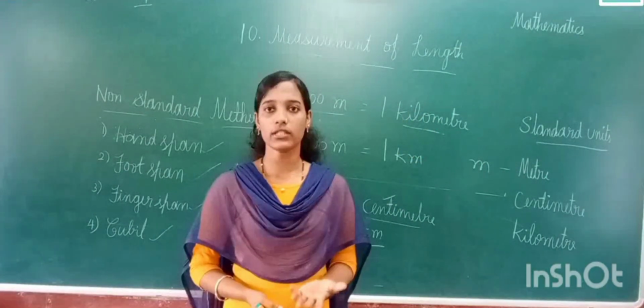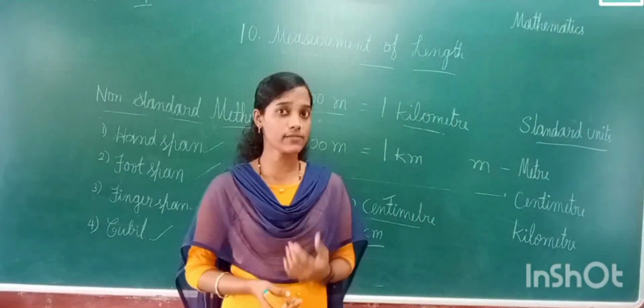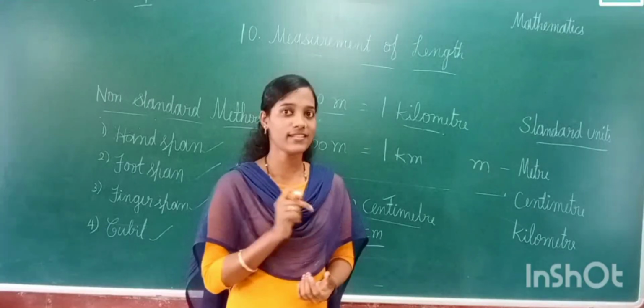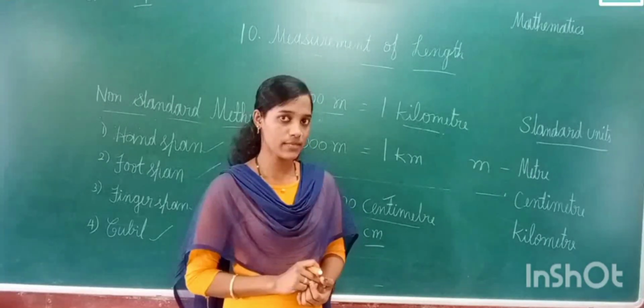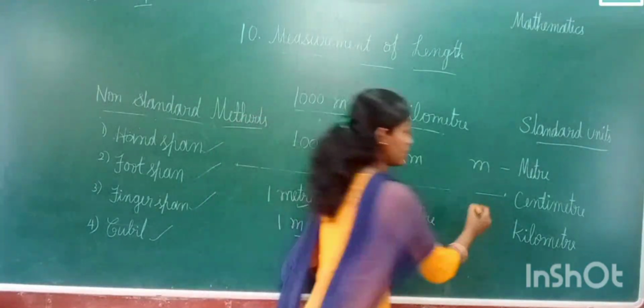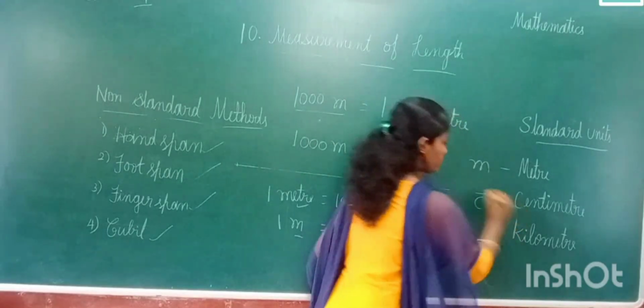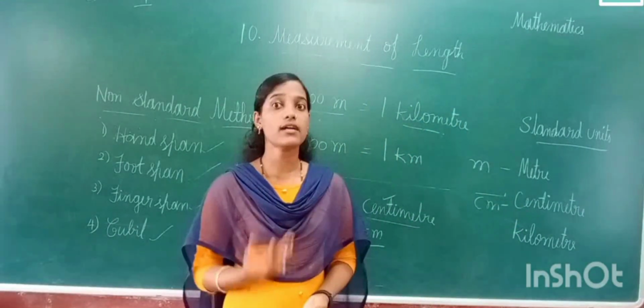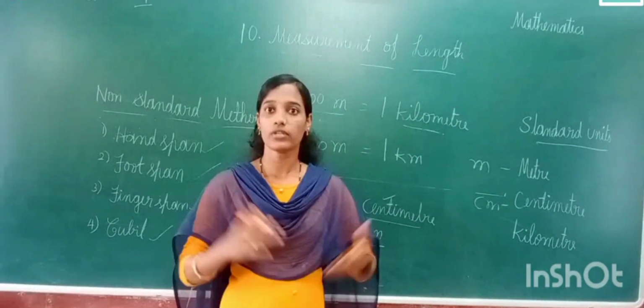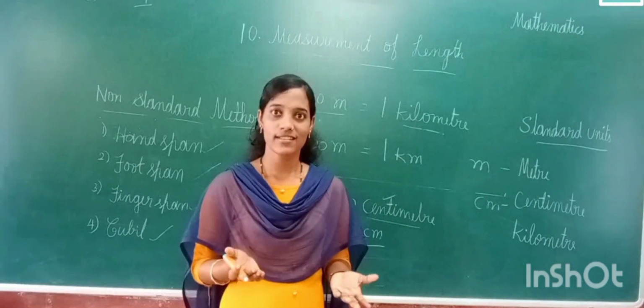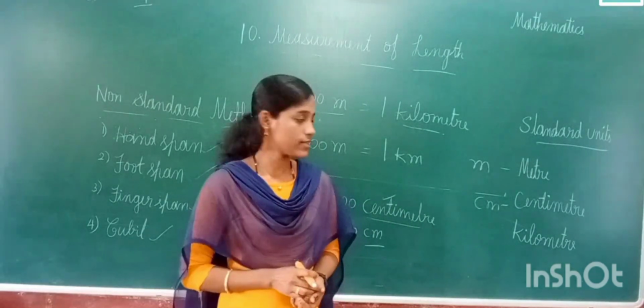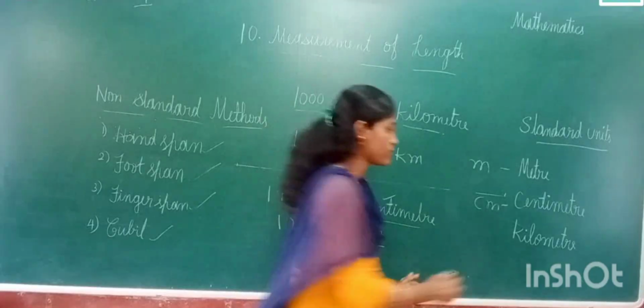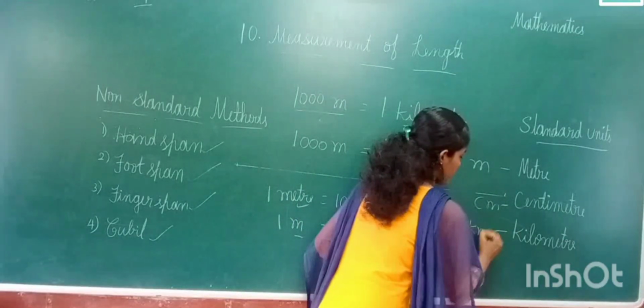And for smaller length, where even meter is very large, centimeter is used. So the symbol of centimeter is cm. And for large length such as long distance, yes, kilometer is used and the symbol of kilometer is km.